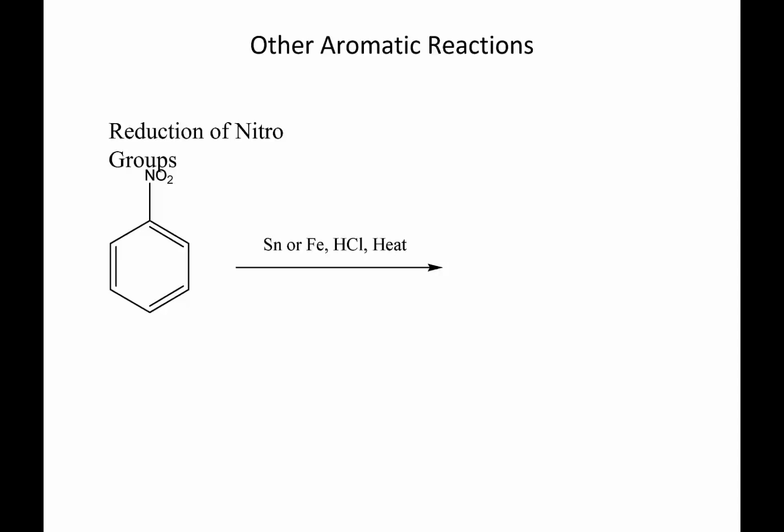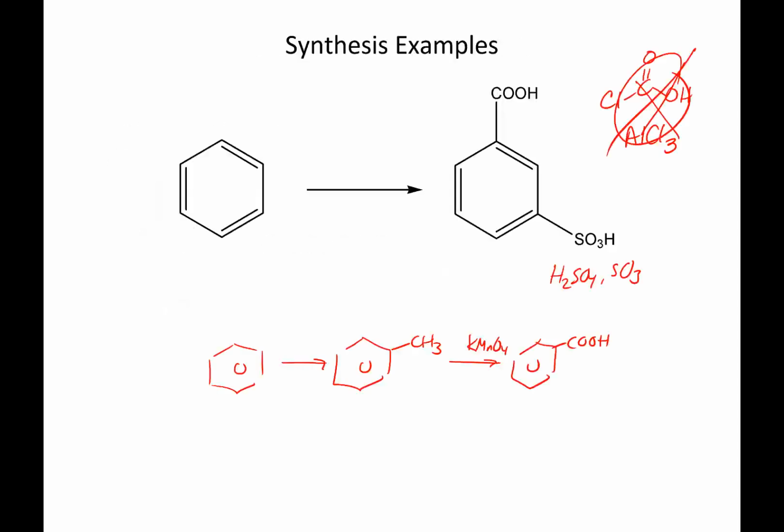So it's a 2-step method. The two-step method is put any group on the ring. So we would use RCl, AlCl3. Put any alkyl group on the ring. So this doesn't have to be methyl, it could be R. And then oxidize it with KMnO4. And that's one way to put a carboxylic acid group on the ring.